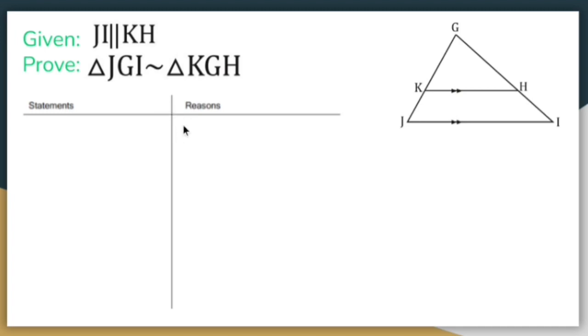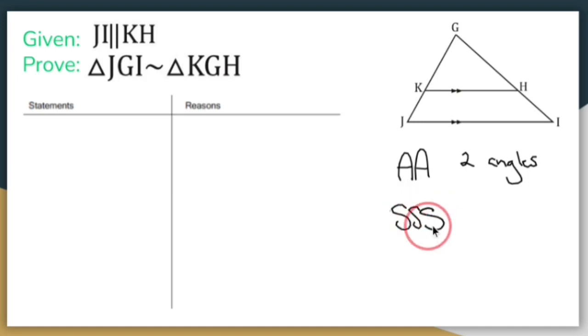And there's three proofs or three theorems that we use for this. AA means if I could show that two angles are exactly the same, then I have myself similar triangles. And if you're like, why not the third angle? Because if you can show that two angles are the same, then the third angle is going to automatically be the same. Another one is SSS. And you might be thinking, isn't that a congruency one? Yes, it is. But what we're talking about here is ratios.